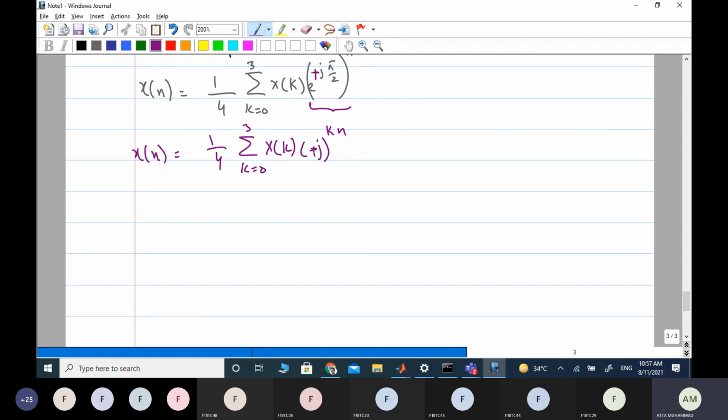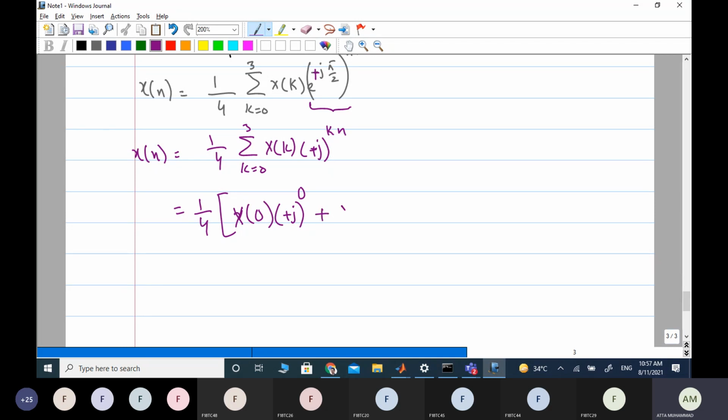Okay, so now if we wish to open this summation, what we get is 1 by 4 X of 0. Now we are opening the summation: we first put k equal to 0, then 1, then 2, then 3, and then we add all those terms. Now we got a plus j here, and power 0, because now k is 0, so 0 times n is 0.